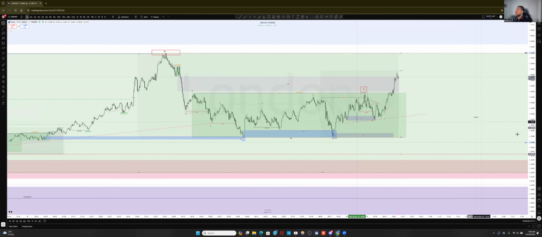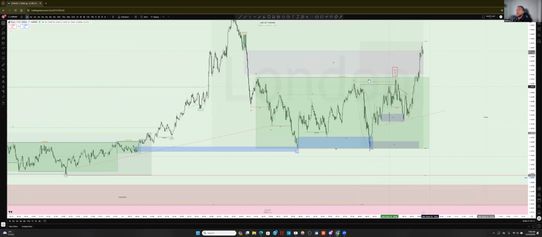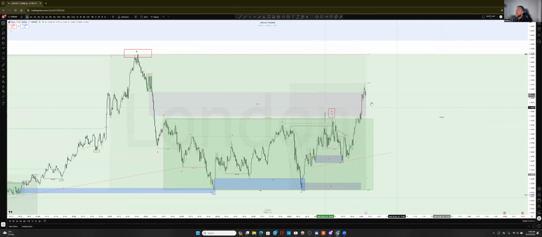Now let's see, is price going to give us a break and retest of this zone here? So the break and retest would look like this. We want to see if price is going to invite break and retest traders.